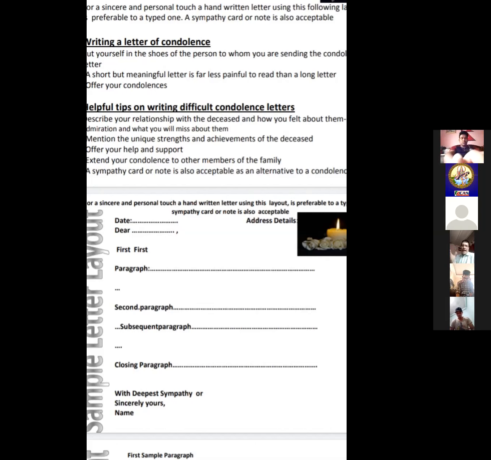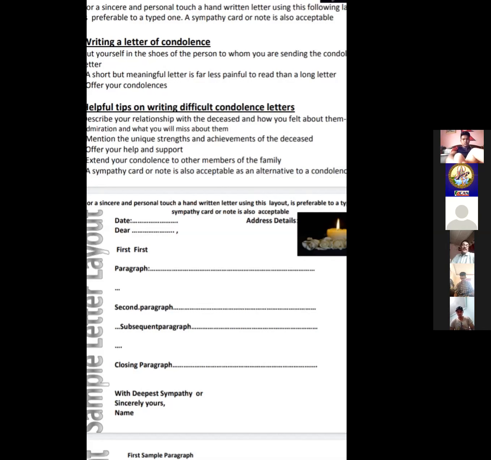Though I cannot replace your son, I am always with you in anything that comes ahead. This is the type of action-oriented wording. Under this scenario, what you can do to help the bereaved or deceased family, the father and mother of your friend who has passed away, whatever.